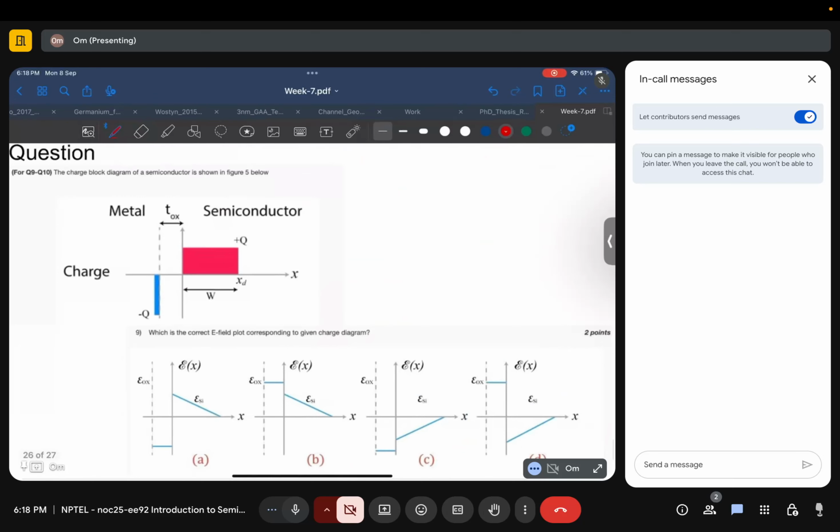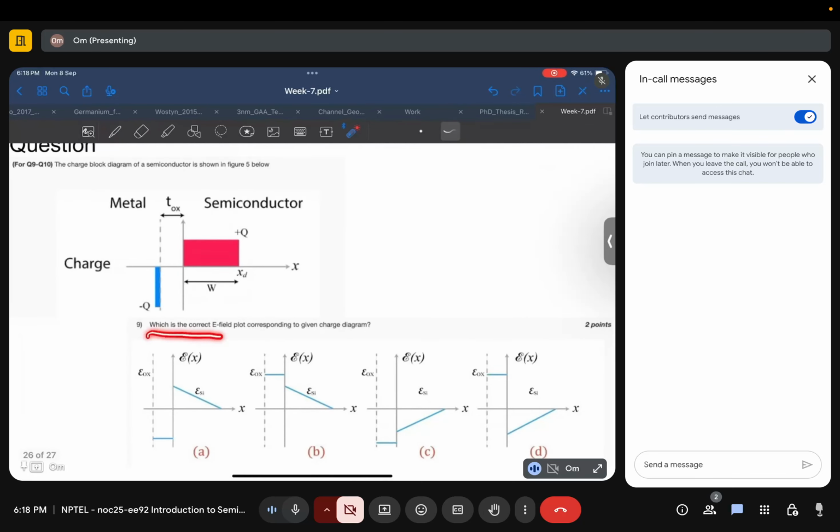Okay, next question. For the charge block diagram of the semiconductor shown below in this figure, what is the correct electric field plot corresponding to the given charge diagram?